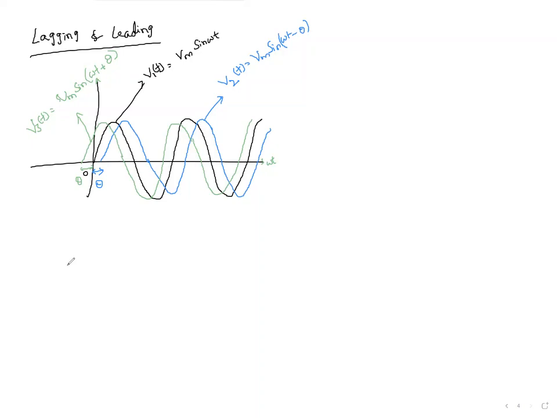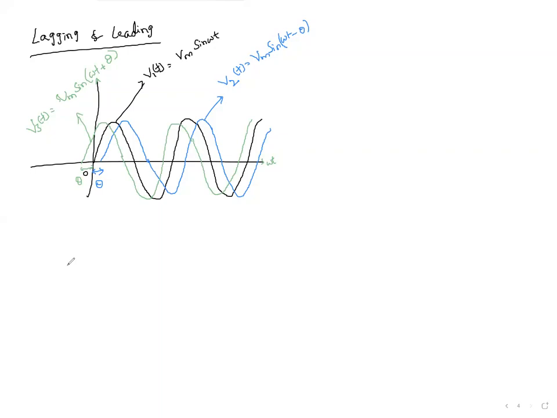Correct? Similar way, if asked to compare V2 and V3, what do you say? V3 and V2. Tell in terms of leading and lag. V2 is lagging. V3 is leading.